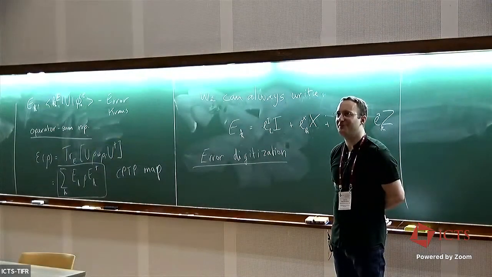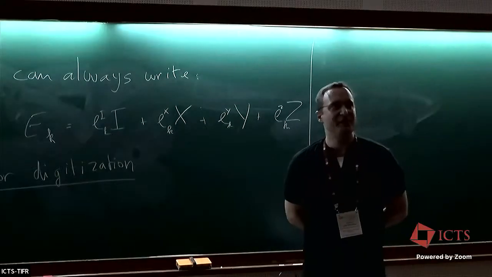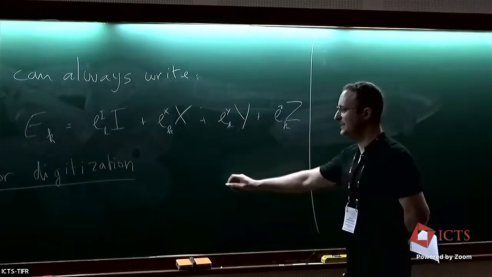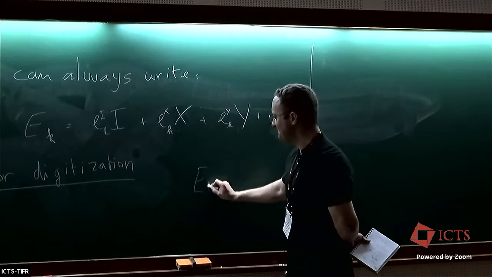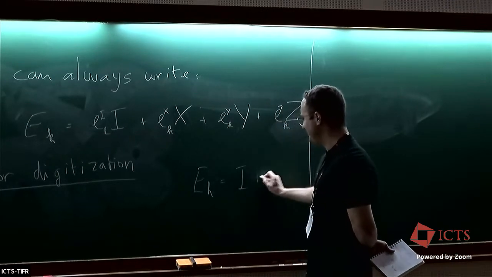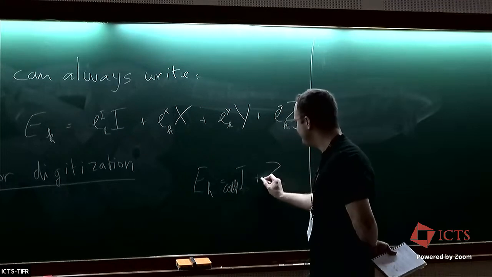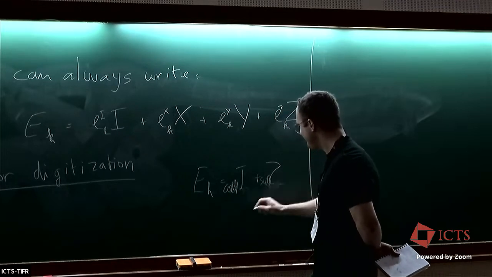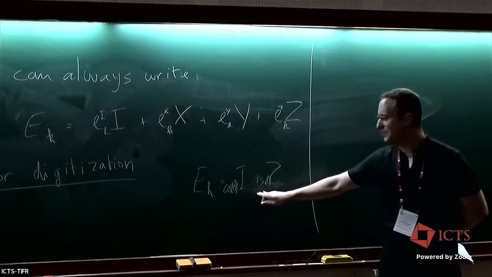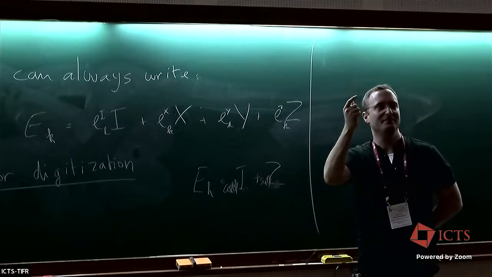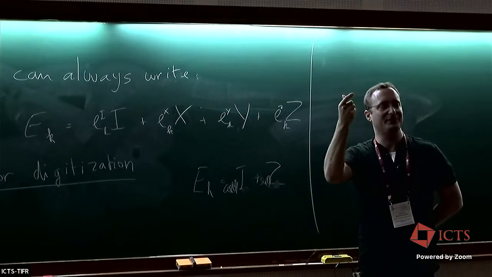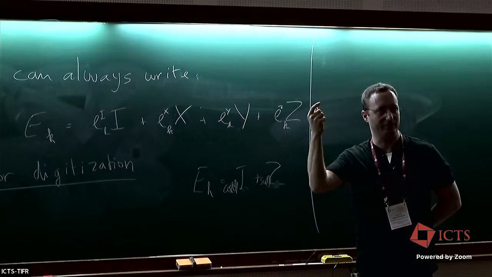As we will see, one of the beautiful things about quantum error correction is that we use decoherence to fight decoherence. If you have a superposition of I and Z, for example, your error is cos theta I plus sine theta Z. This is a theta rotation around the Z axis of your Bloch sphere.